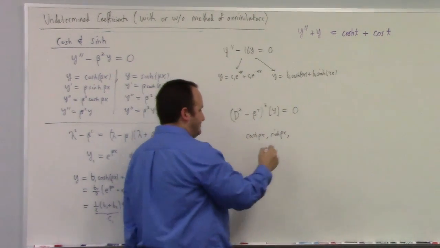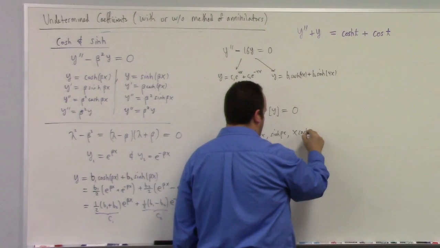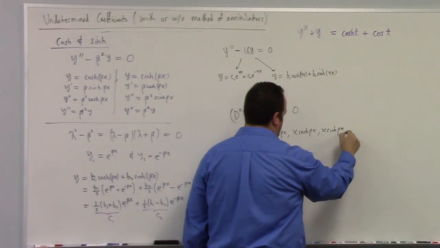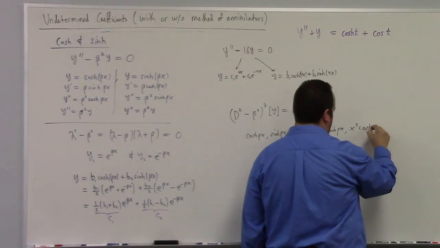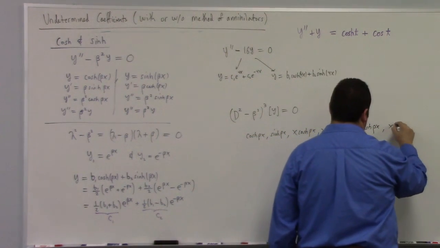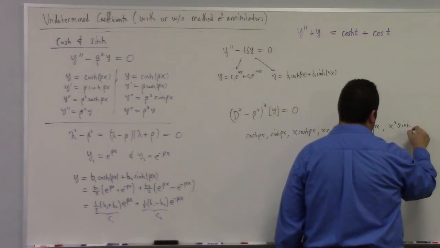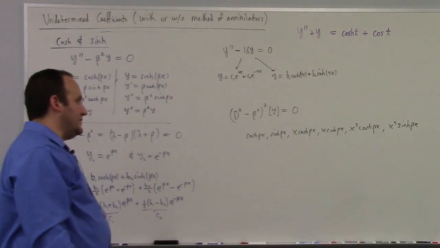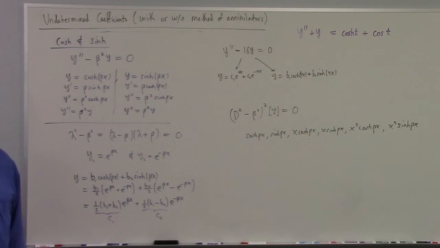And then you know what? x cosh, x sinh, x squared cosh, x squared sinh. So basically everything we can do with cosine and sine, we can do with cosh and sinh, instead of having D squared plus beta squared, having D squared minus beta squared.